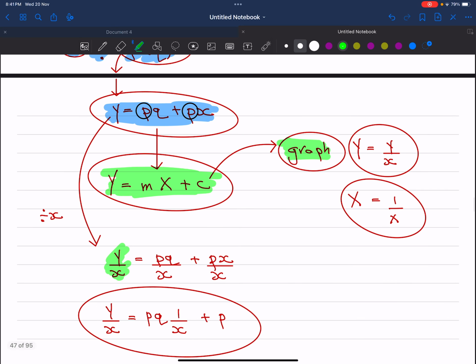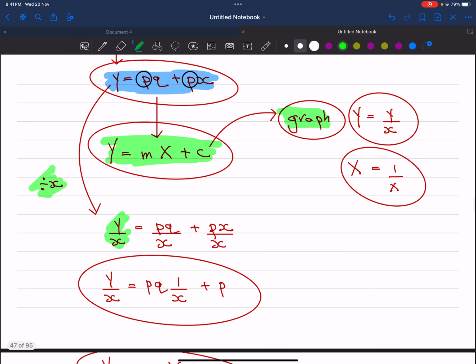So in the given equation, each term I will divide by x so that I can get the y over x. So y divided by x gives y over x. And then pq divided by x is pq over x. And then px divided by x.